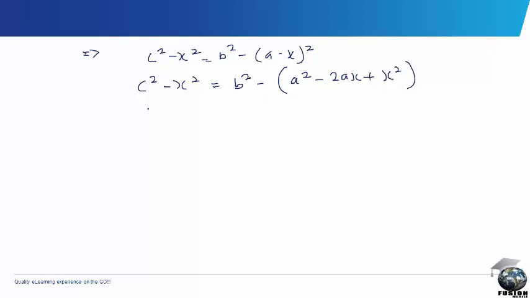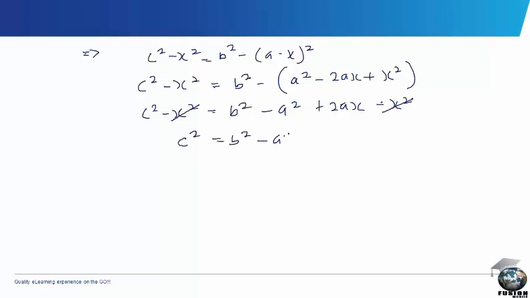So we have that C squared minus X squared is equal to B squared minus A squared, and plus 2AX minus X squared. And so minus X squared and minus X squared take care of themselves, and then we'll have C squared is equal to B squared minus A squared plus 2AX.